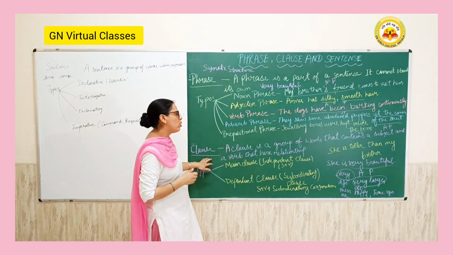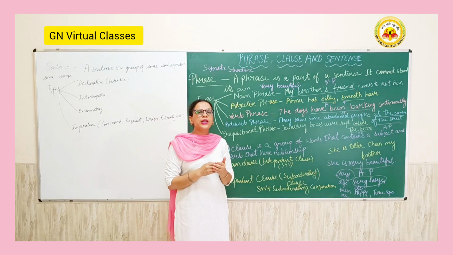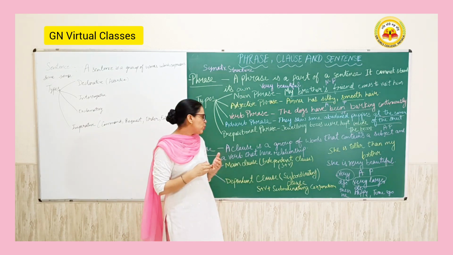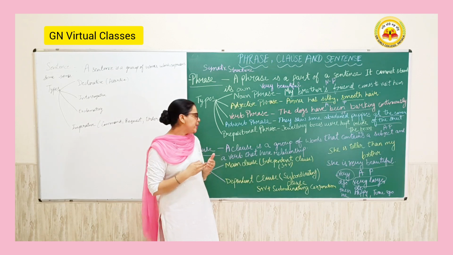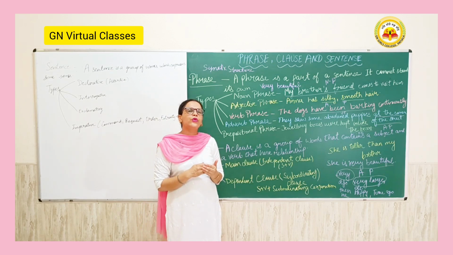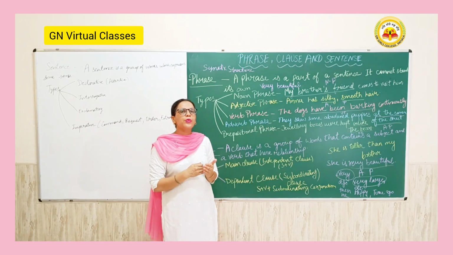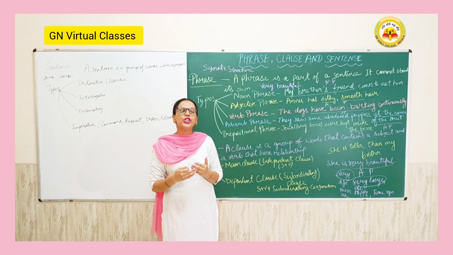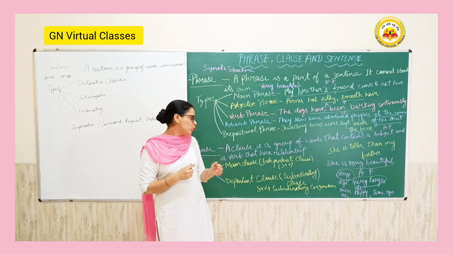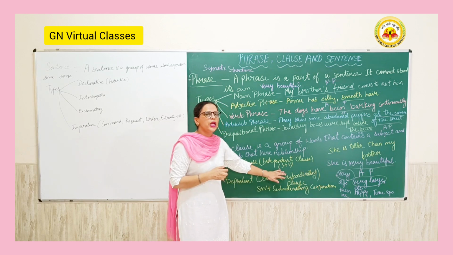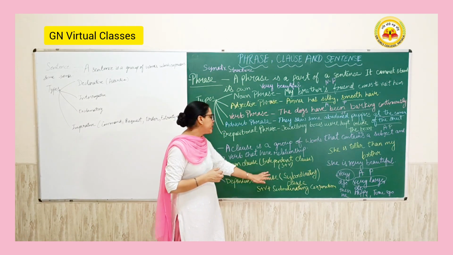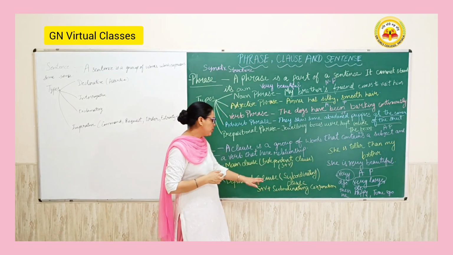Next one is a clause. A clause also consists of words which have a subject and a verb, and it is also a part of a sentence. The subject and verb have a relationship in it. Clauses are of two types: main clause, that is the independent clause, and dependent clause, that is also called the subordinate clause.